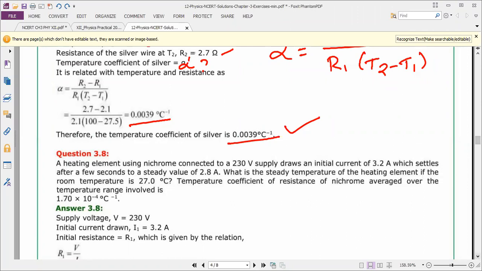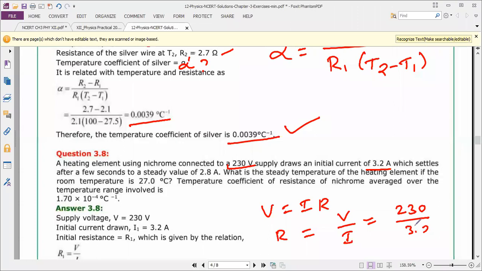What is the answer? First find the R1 value. In this question they didn't mention the resistance value, but they gave the voltage 230 and the current 3.2. So using Ohm's law, V is equal to IR, then R is equal to V by I. Tell me what is the R1 value alone? 230 divided by 3.2.